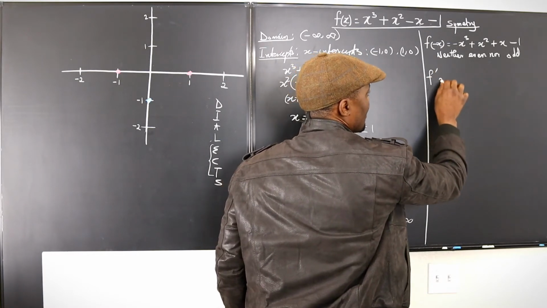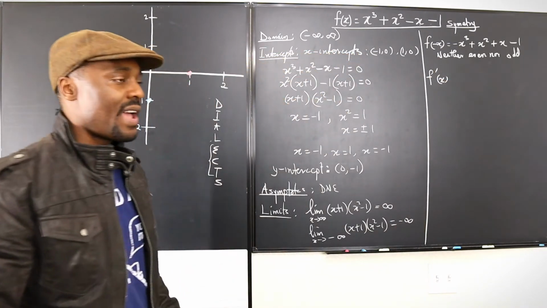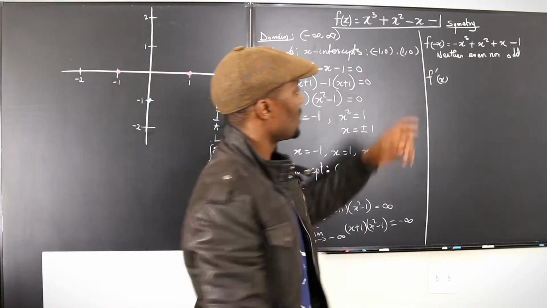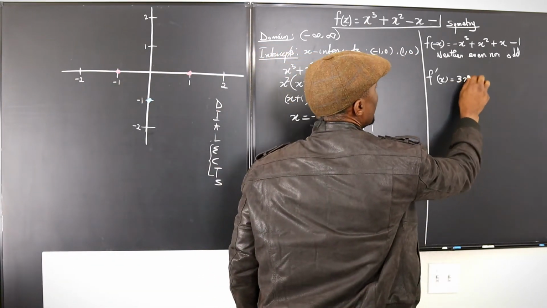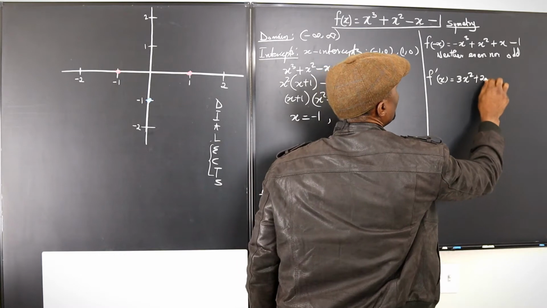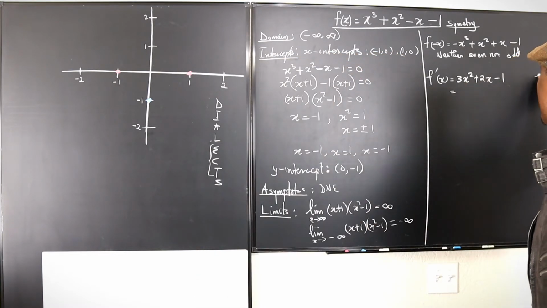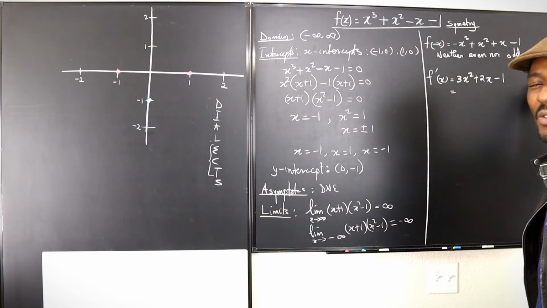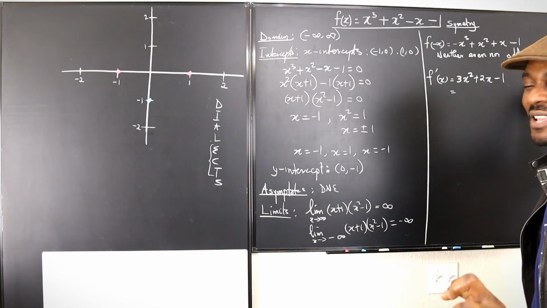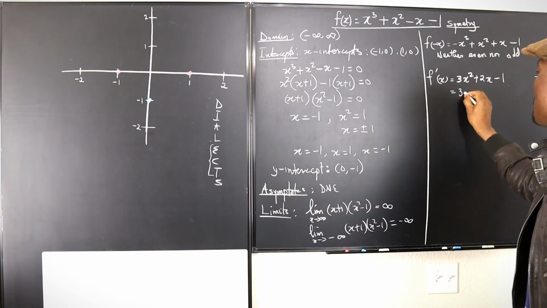So let's go to f prime of x. Okay, so for f prime of x, we're going to differentiate this function. What do we get? It's going to be 3x squared plus 2x minus 1. Okay, multiply 3 by negative 1, you get negative 3. What two numbers will you multiply to get negative 3, but when you add them, you get positive 2? I know the numbers.